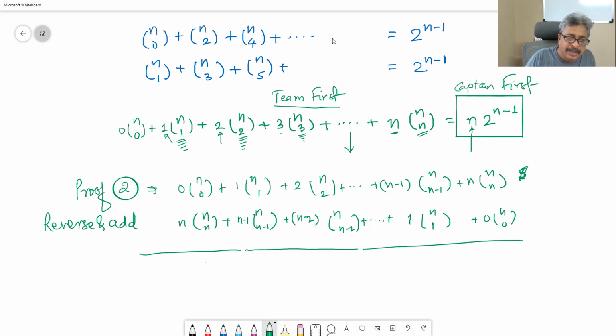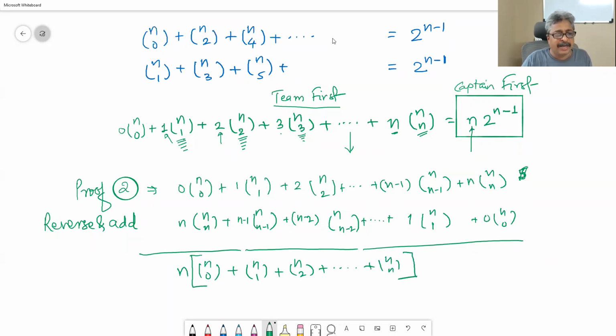Therefore, I can take n choose 0 common, and inside the bracket I will get n plus 0, which is n. Second, n choose 1 will come out common, and inside the bracket n minus 1 plus 1 is n, plus n choose 2 plus dot dot dot plus n choose n, bracket complete. This is what I have for LHS. Now LHS plus reversed LHS, so 2 times LHS is this.